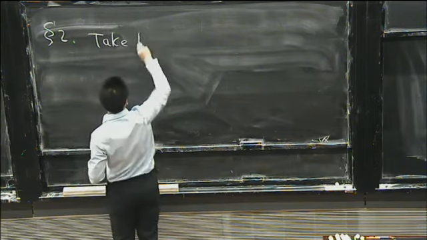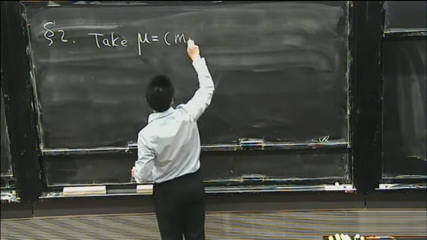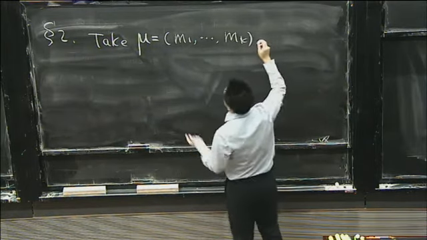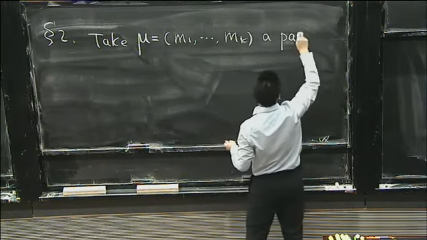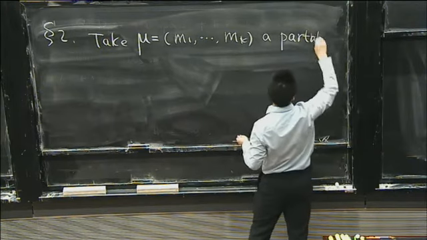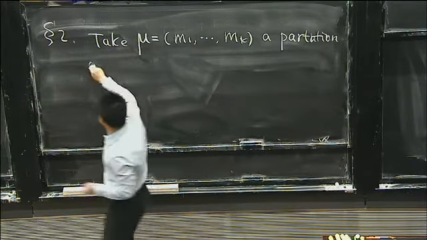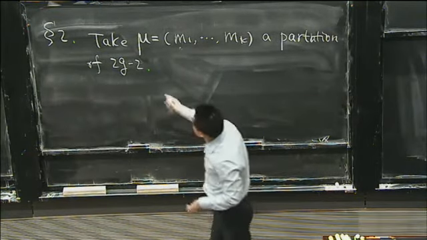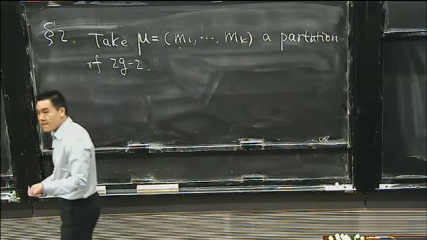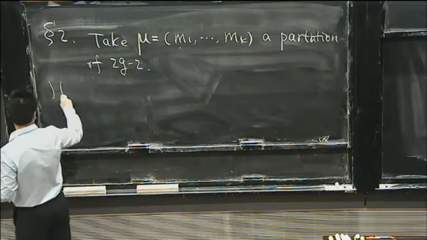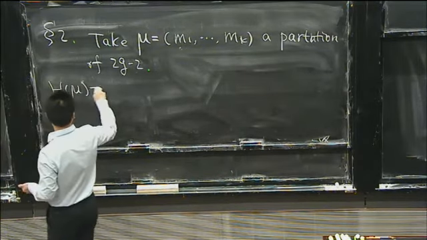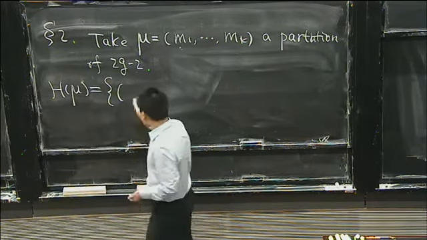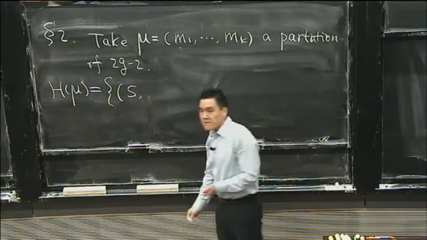So that's the setting. We take a signature mu, given by k positive integers, unordered, a partition of 2g minus 2. Their sum equals 2g minus 2. I consider the following moduli space, which I call H mu, parameterizing a pair: a Riemann surface S of genus g, along with a holomorphic one form omega on it.